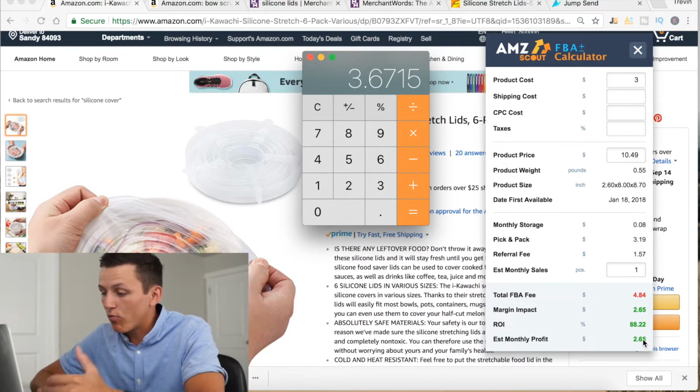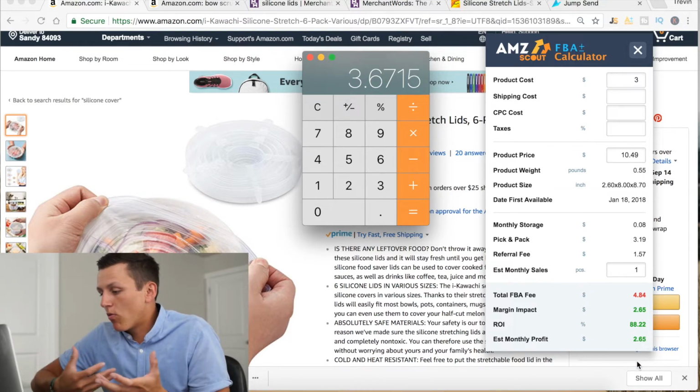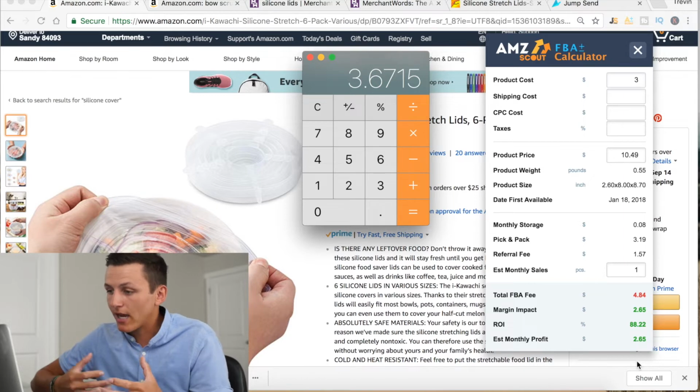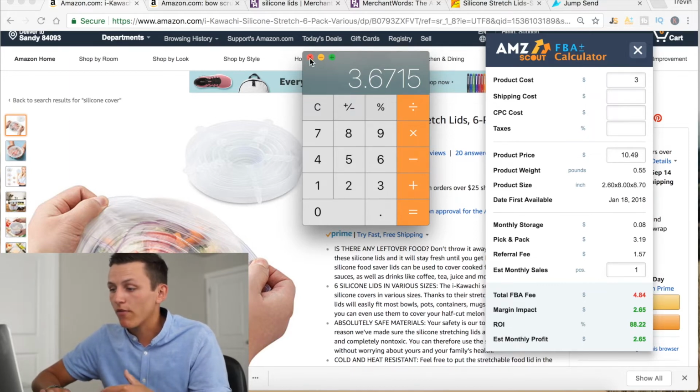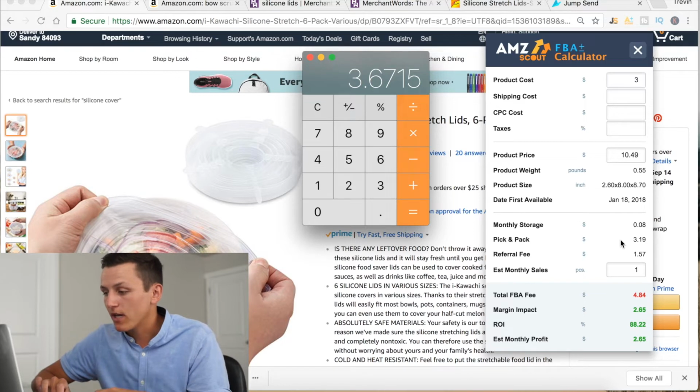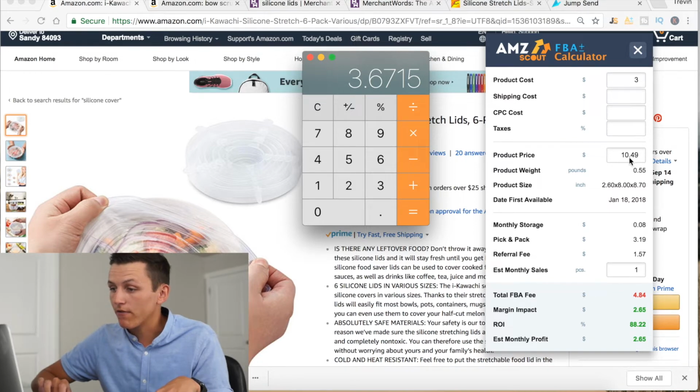It doesn't give me a lot of wiggle room for PPC. It won't let me have that wiggle room to do giveaways and rank that product with that small of a profit margin. So that's another red flag, and that's something that you want to look at: what is the profit margin going to be, how much are the fees, how much is it realistically going to cost you, and how much are you going to realistically sell it for.